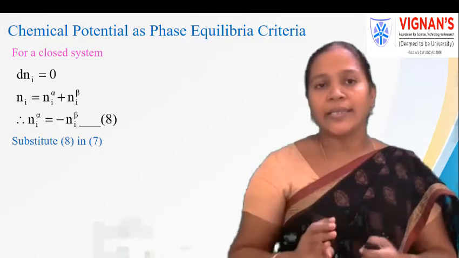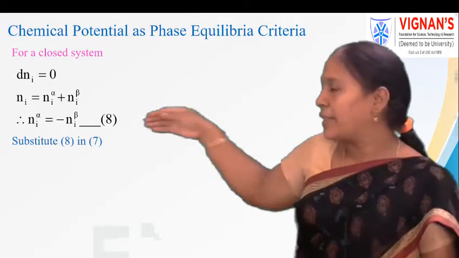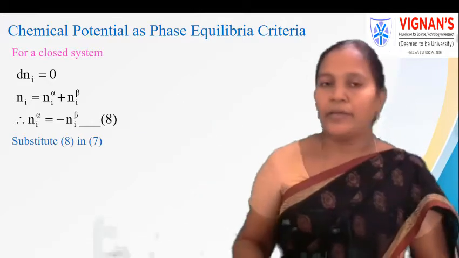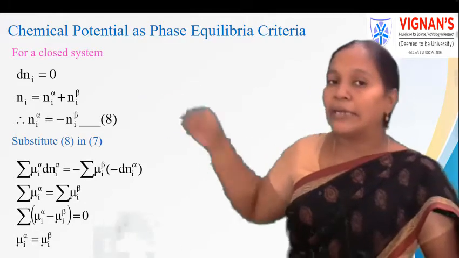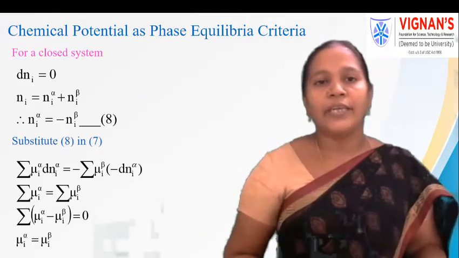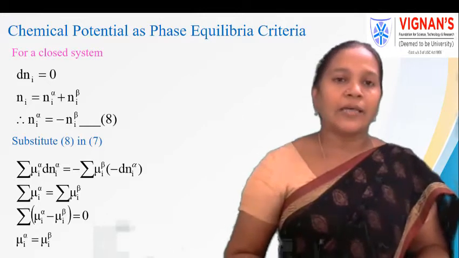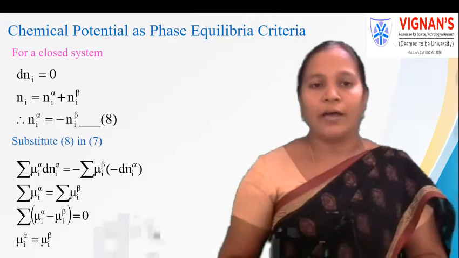Here, the dni term goes to 0, which is indicated with equation 8. Now substitute equation 8 in equation 7, in place of dni beta with minus dni power alpha.